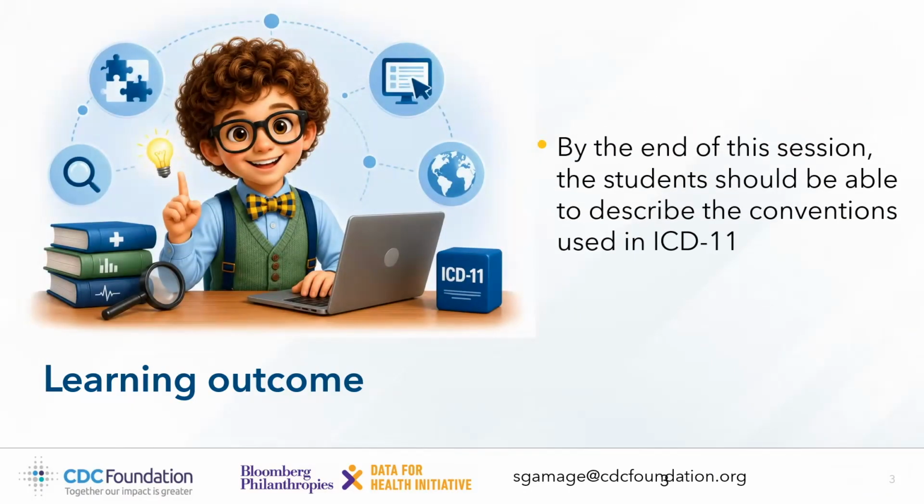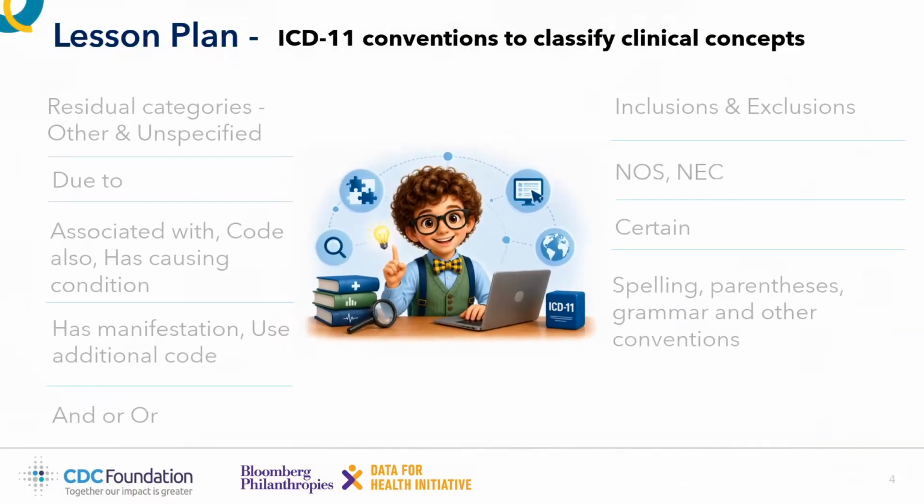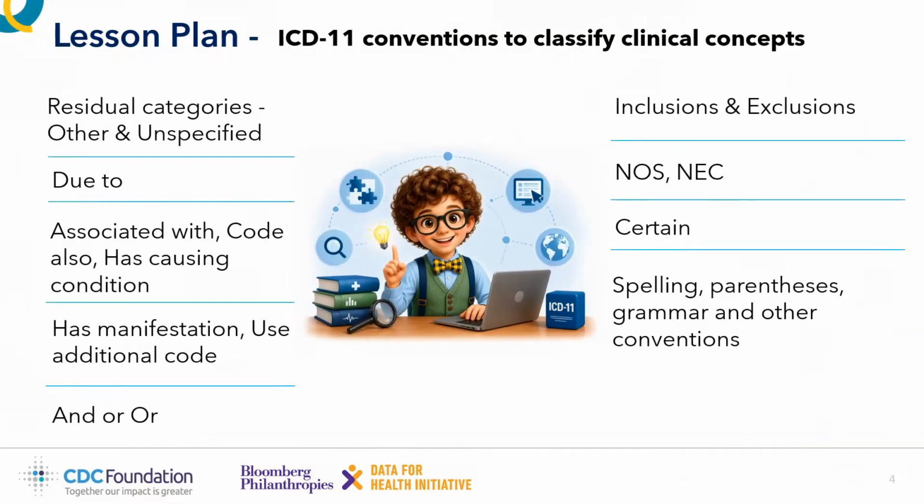This is our expected learning outcome. By the end of this session, the student should be able to describe the conventions used in ICD-11. Here is our lesson plan for today. ICD-11 conventions to classify clinical concepts.